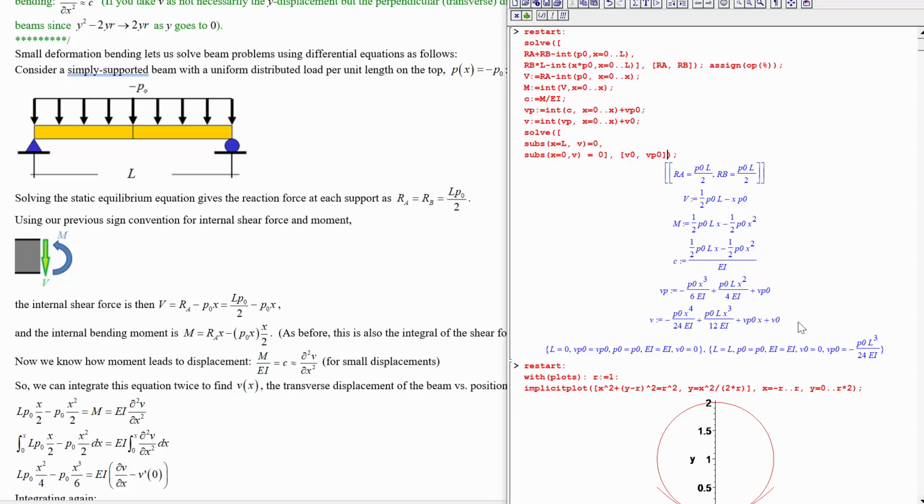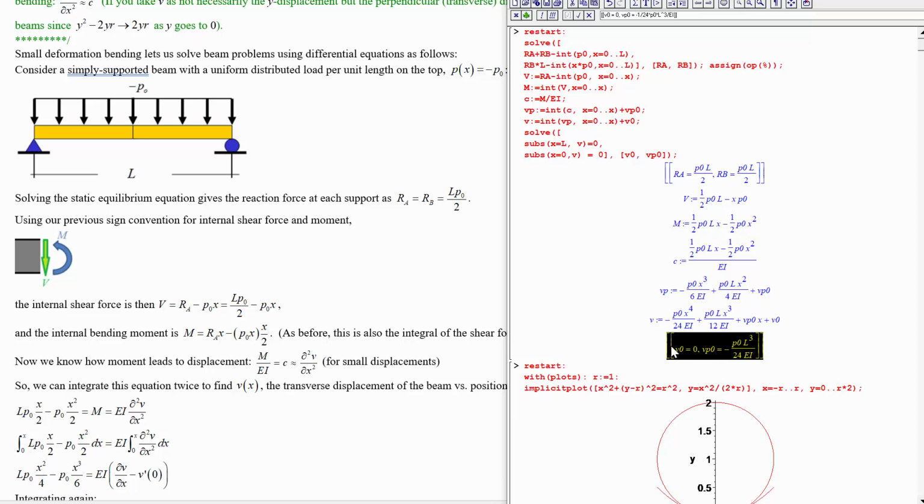You can sort of see that that would be the requirement for this term right here when you sub in a 0 to get a 0 for that. But it's less obvious what vp0 should be to make this 0 at the right-hand side as well. Let's see. So we have v naught equals 0 as promised, but v prime at 0, the other parameter, then needs to be negative p naught over 24 times L cubed over EI.